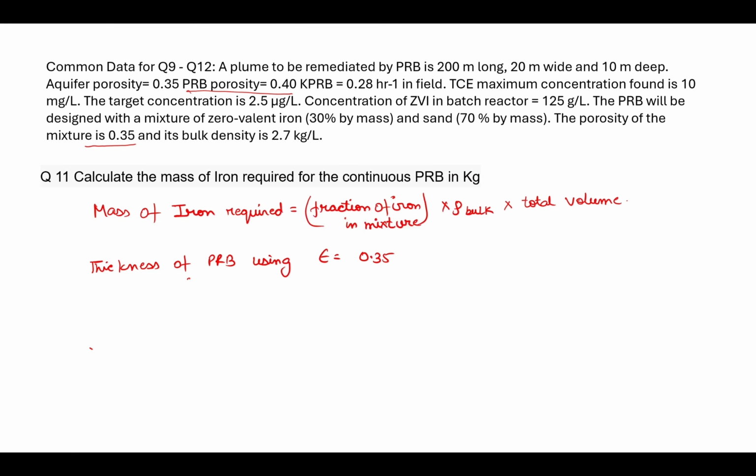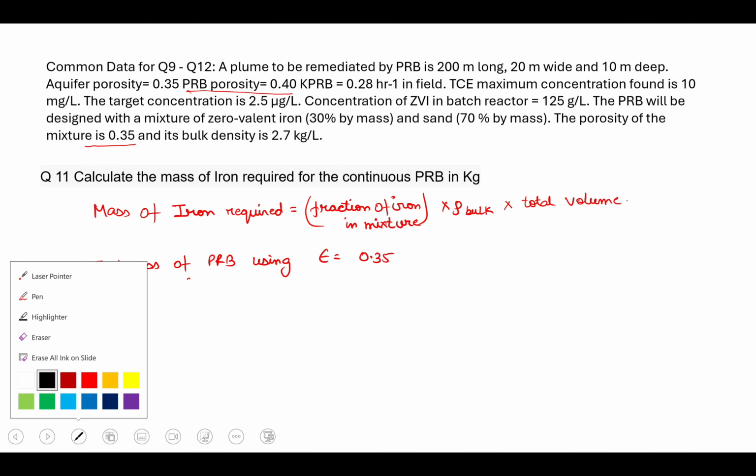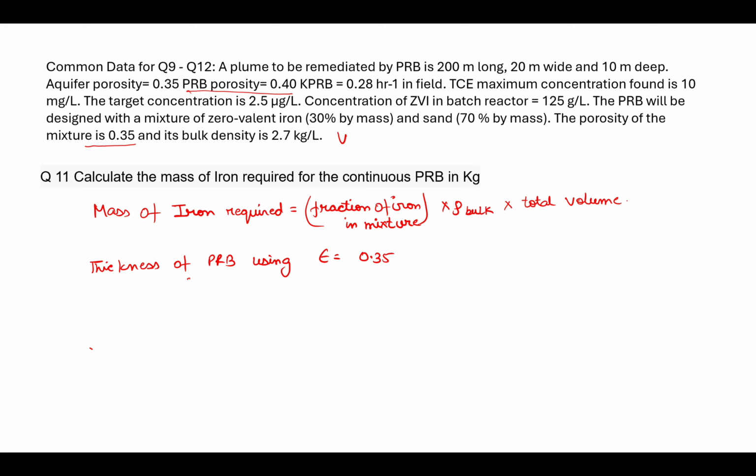Darcy's velocity is 20 meter per year. So using Darcy's velocity as 20 meter per year, we are getting the discharge as 0.456 meter cube per hour.